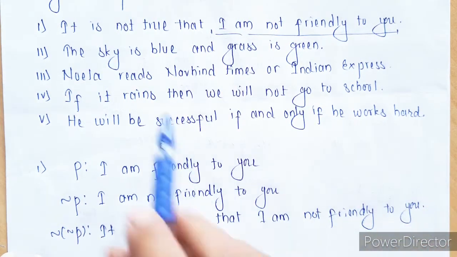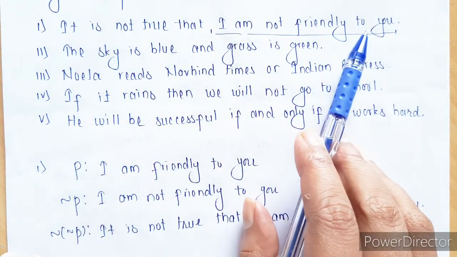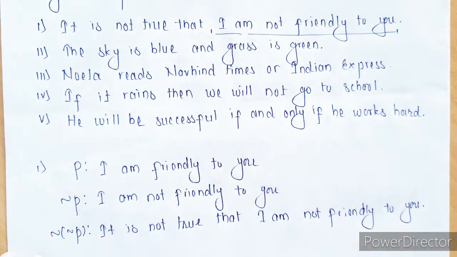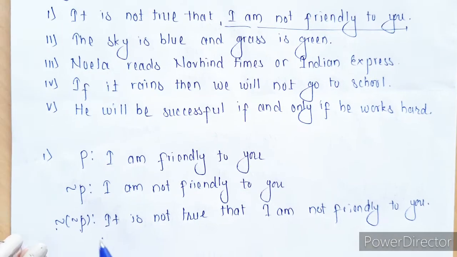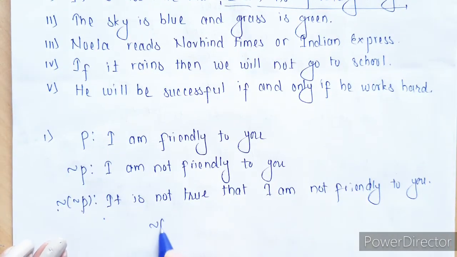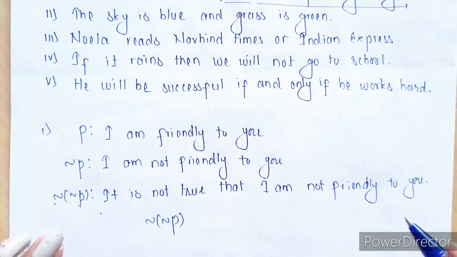Okay. So, this particular statement can be written in symbolic form as negation of negation of P. So, the answer to the first question is negation of negation of P. Okay. Now, moving on to the next one.